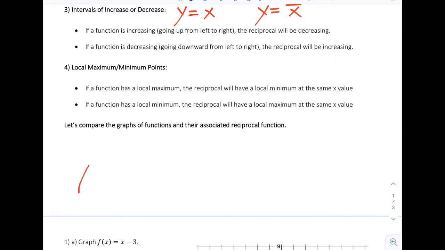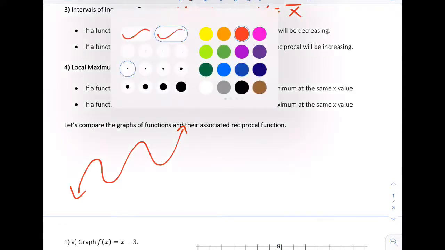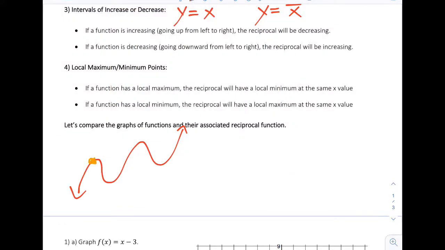So you might have some function that looks like this, whatever it is. Its reciprocal, since it has a maximum here, will have a minimum at that spot. We don't know how high or low on the graph. I also see that it has a minimum here, so we'll have a maximum at that spot. So it might look something like this.